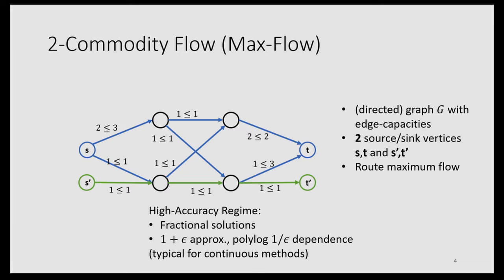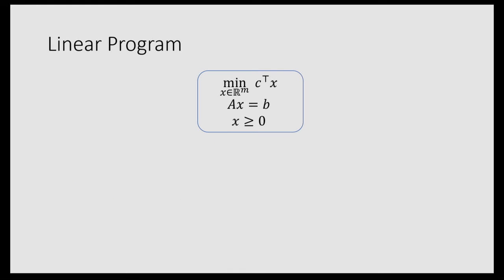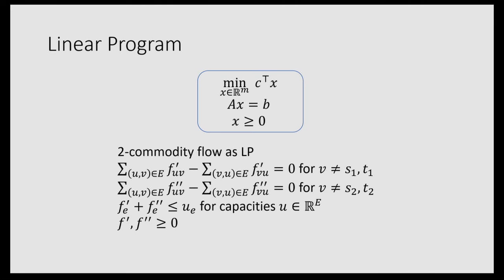Another problem I'm going to look at is linear programs. Of course, you can use linear programs to model your flow problems. A linear program says minimize some linear cost function subject to linear constraints. And that can model flows. Let's say for two commodity flow, every flow that goes into a vertex must also go out.